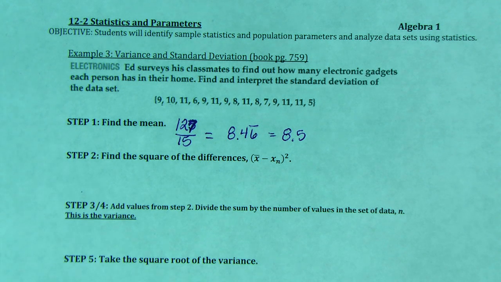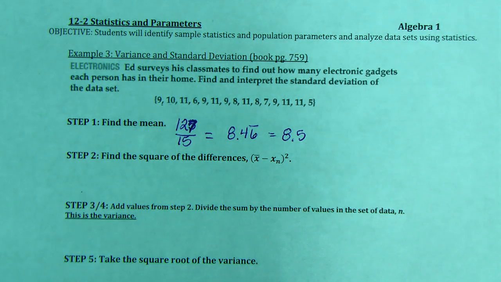I mean 10 plus 11 plus 6 plus 9 plus 11 plus 9 plus 8 plus 11 plus 8 plus 7 plus 9 plus 11 plus 11 plus 5. I've gotten a different answer every single time. Oh goodness. So hopefully you've calculated it by now.